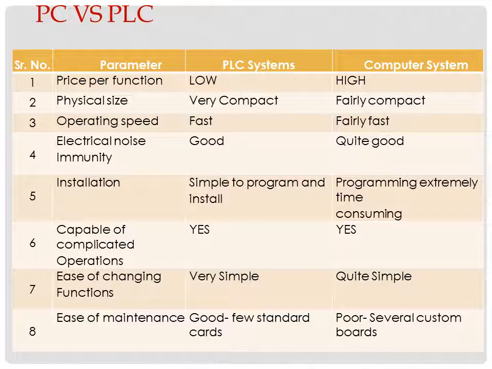The physical size of the PLC system is very compact and that of the computer system is fairly compact. The operating speed of PLC is faster than the computer system as it is dedicated to one task only, but the computer system is operating multiple tasks, so it is fairly fast, not so fast as PLC.